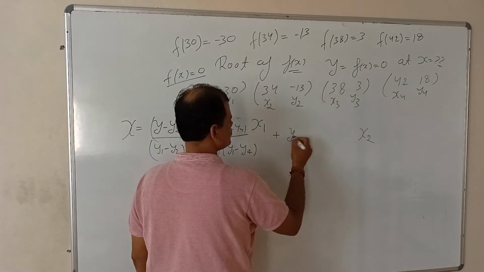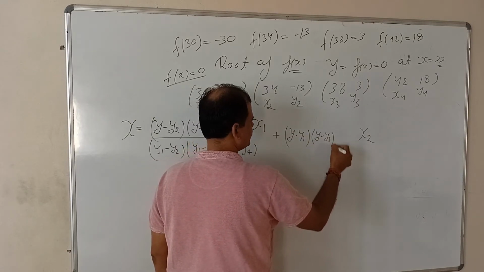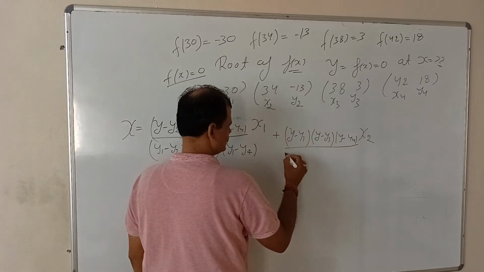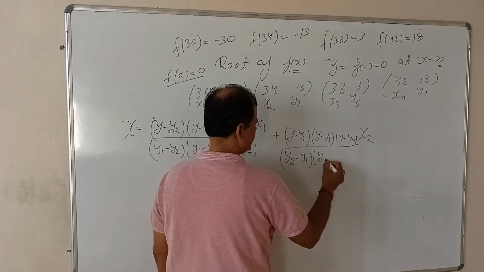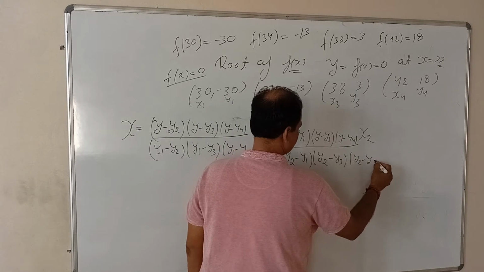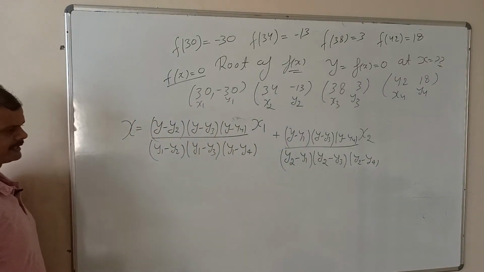x2 means (y − y1)(y − y3)(y − y4) divided by (y2 − y1)(y2 − y3)(y2 − y4). Fine. This is the second term.